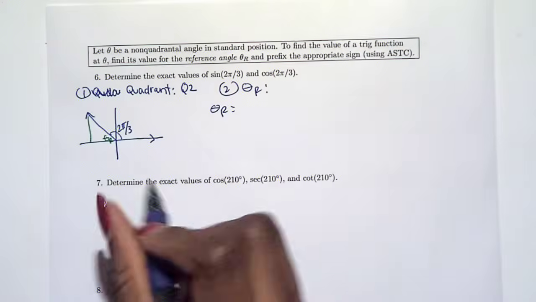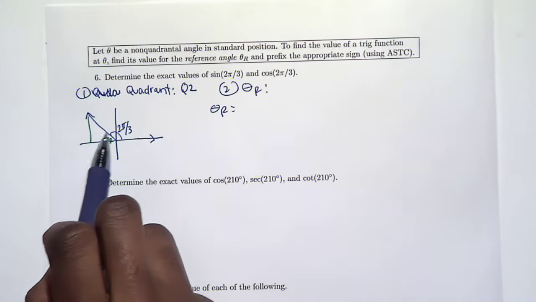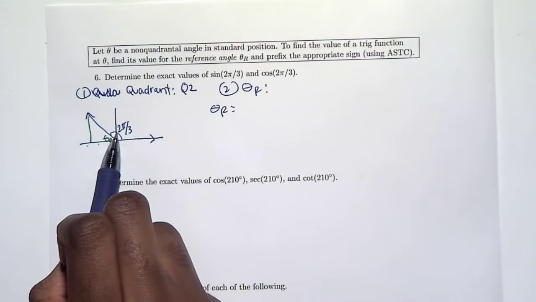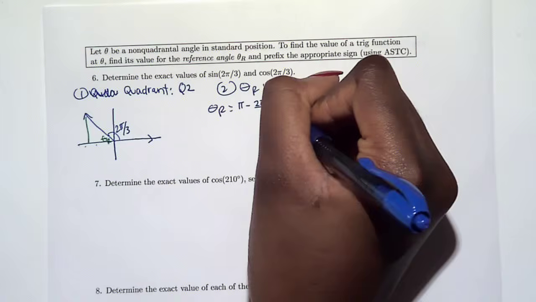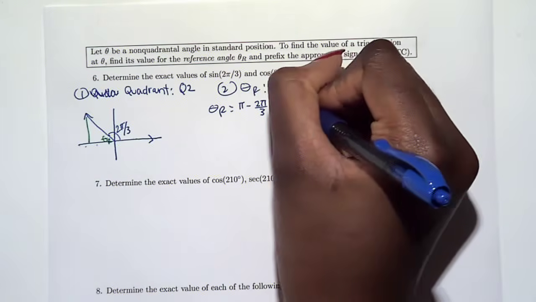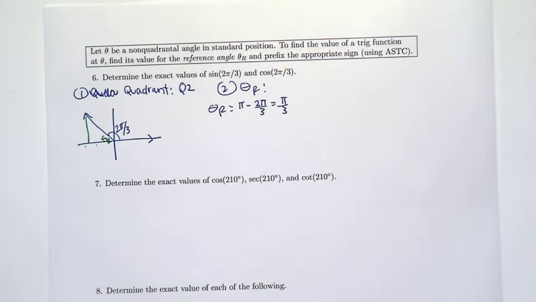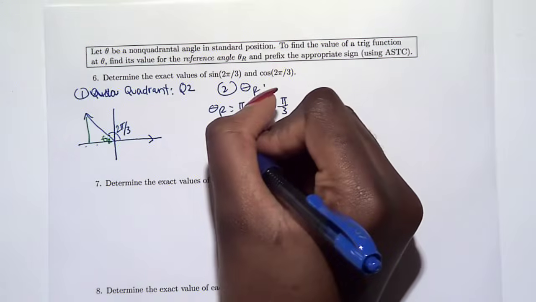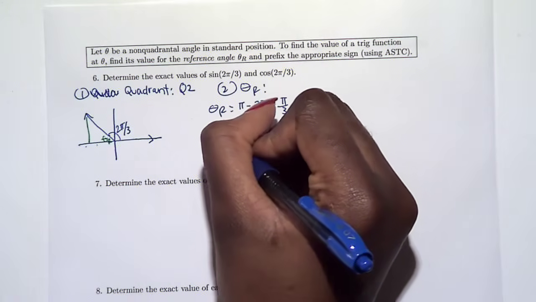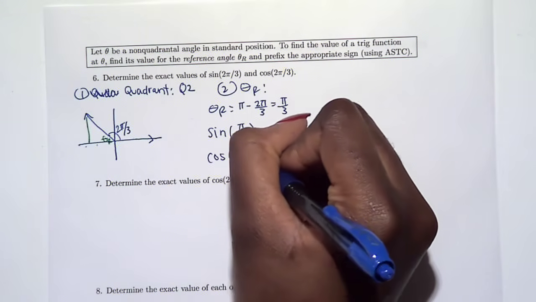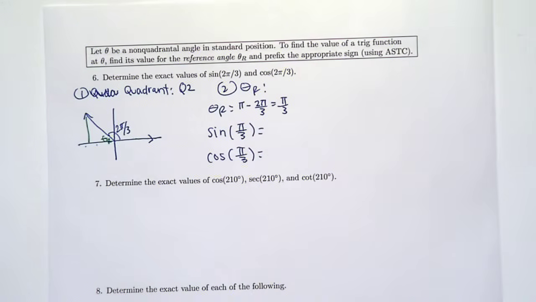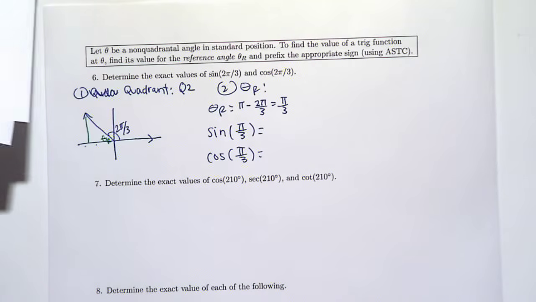In order to find our reference angle in quadrant 2, we're going to do pi and subtract 2 pi over 3. And we get pi over 3. All right, so this is good because this is an acute angle and we have a special triangle for this. All right, so we can find sine of pi over 3 and we can find cosine of pi over 3 using these triangles.